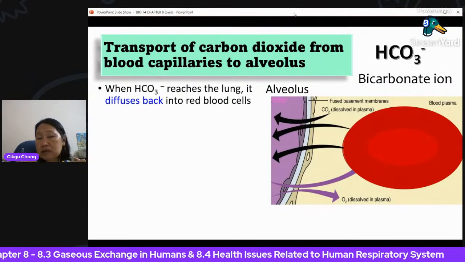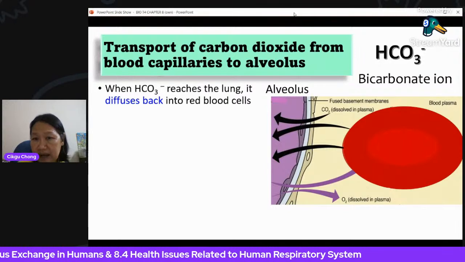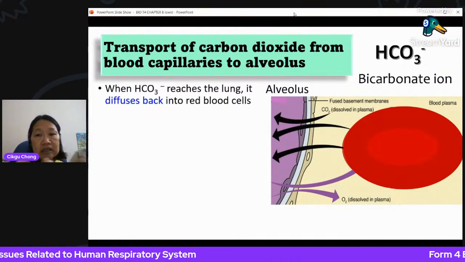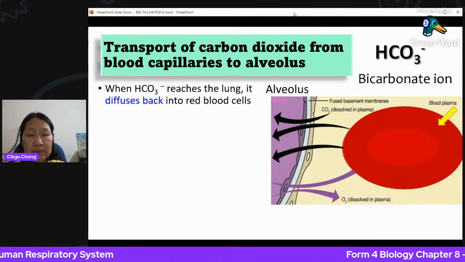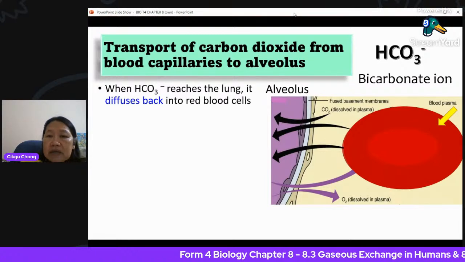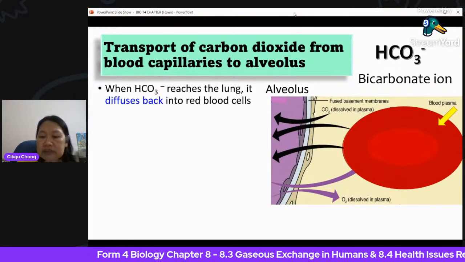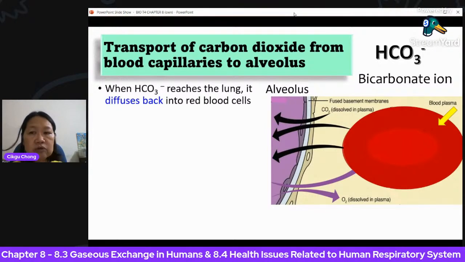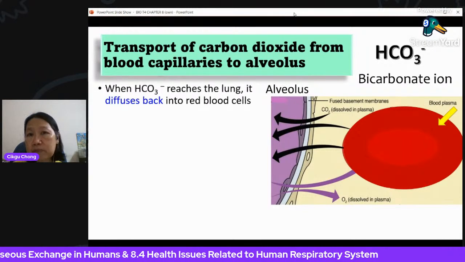When the bicarbonate ion reaches the lung, at the alveolus, it diffuses back into the red blood cell. It was in the blood plasma, so now it has to come back into the red blood cell because you want to convert it back into CO2, and that happens inside the red blood cell.